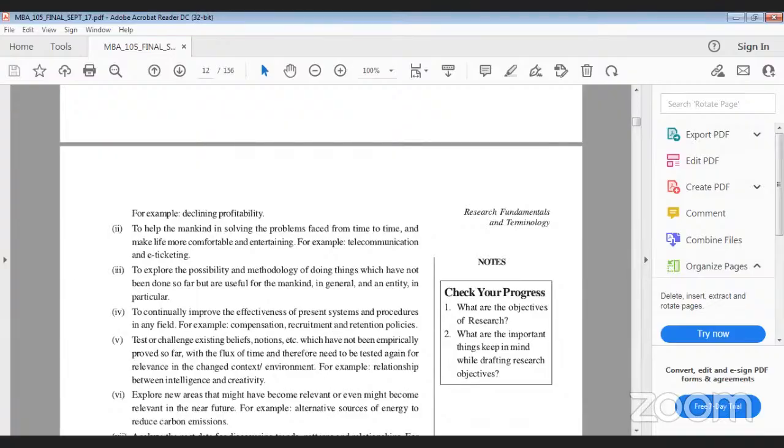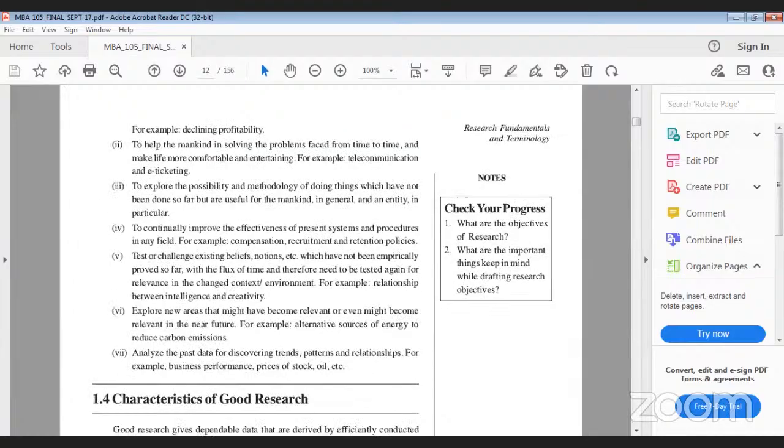Notions which have been empirically proved so far, but with the flicks of time, therefore need to be tested again for relevance in the changed context or environment. For example, the relationship between intelligence and creativity.